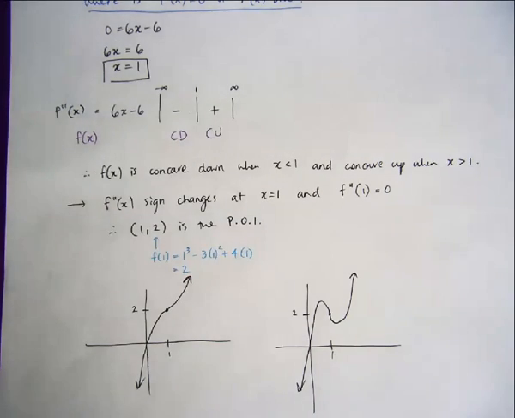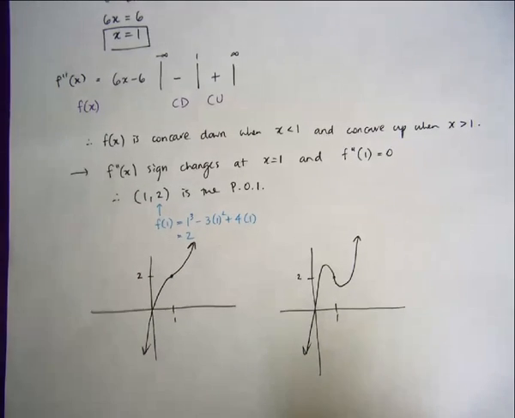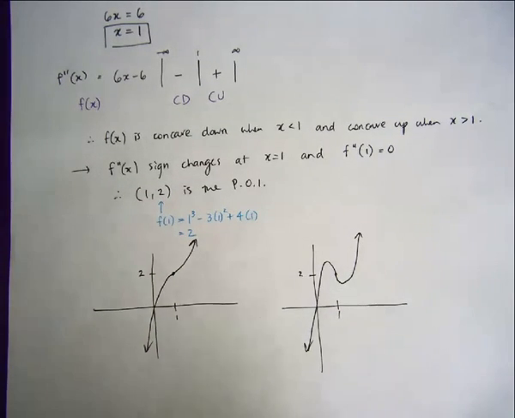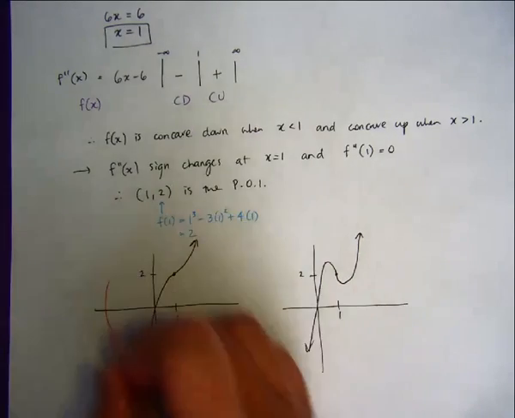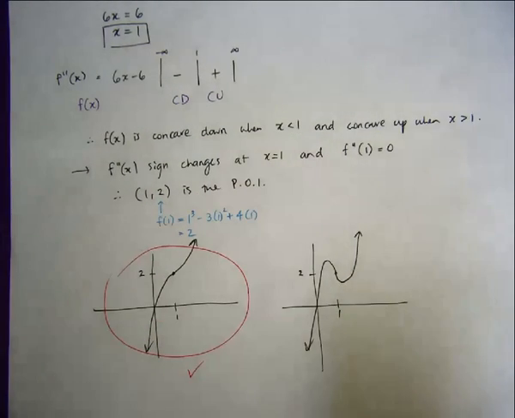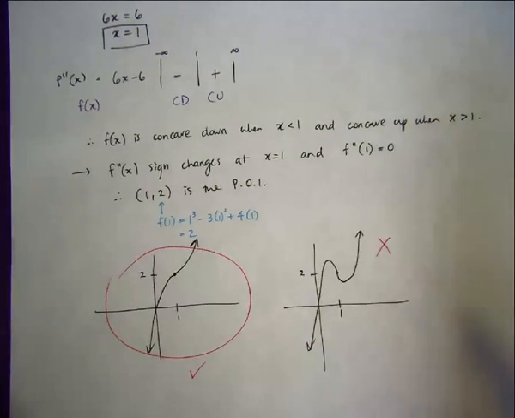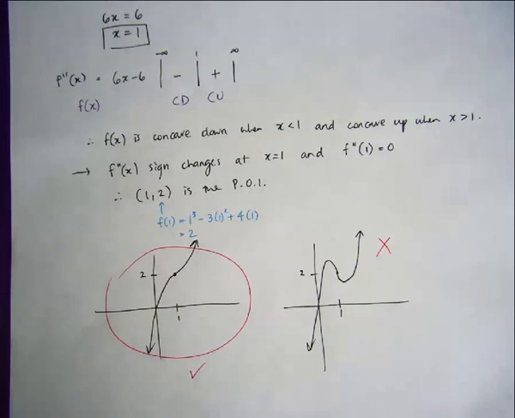The reason is that we would go back to the first derivative and look for any local extrema. So this would actually be the more accurate graph, and this one would be incorrect. We'll figure that out more as we go along through this unit.